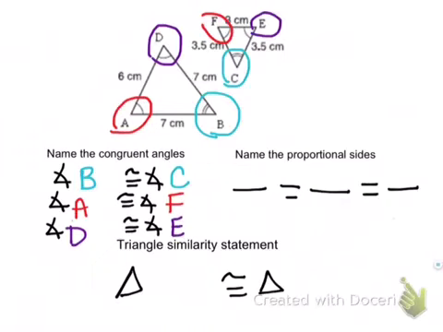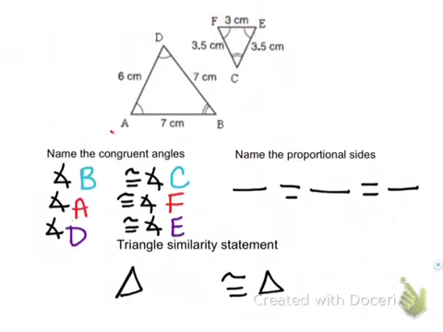Next, I want to name the proportional sides. So again, to me, it makes it easier if you start with the unique one. So I'm going to start with B, and I'm going to go from B to A. So that would be side BA, or you could call it AB. The side congruent to B would be C, so we could say CF in the image. So there's my ratio.